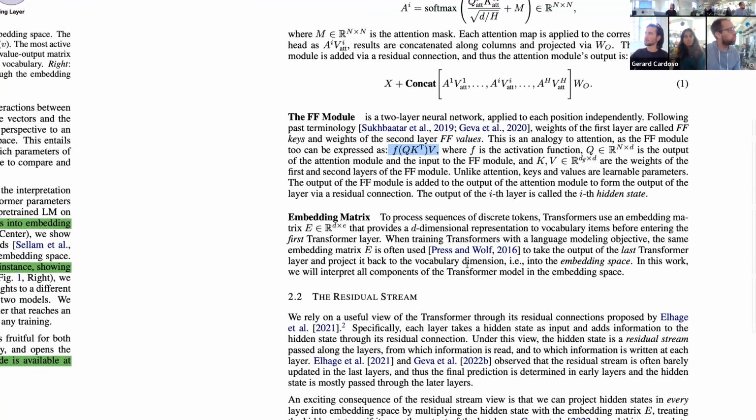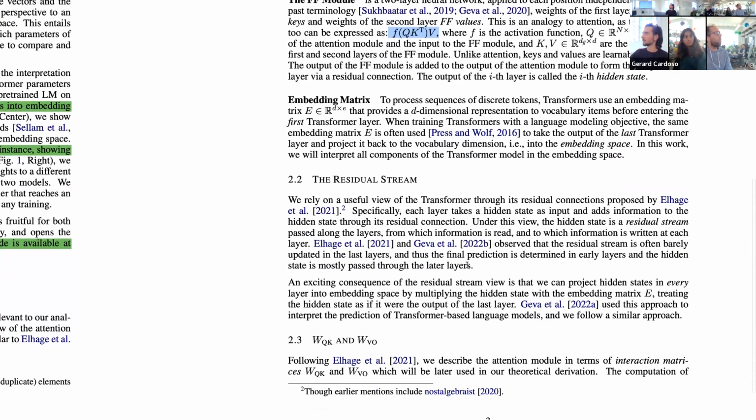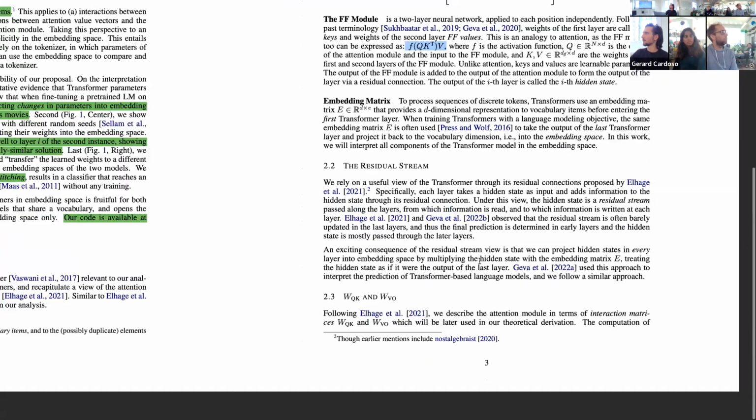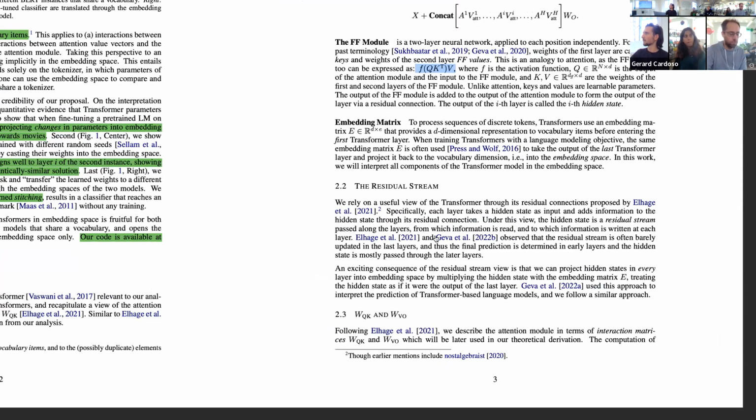And then there's the embedding matrix. The way they look at transformer models is kind of interesting for this purpose. They interpret transformer models with a method they call the residual stream. What that means is, if you think of each layer, it takes an input, which is an embedded sequence of tokens, and adds information to it at each stage.